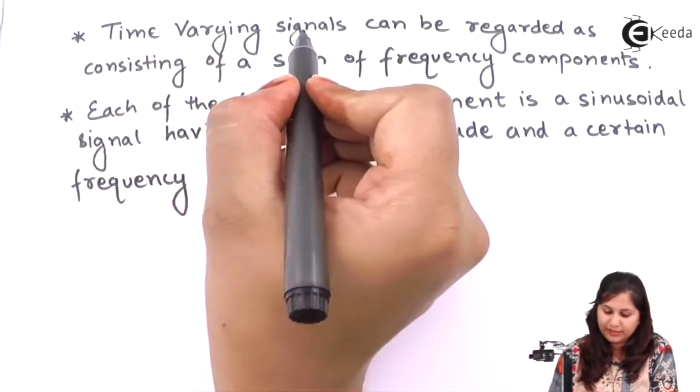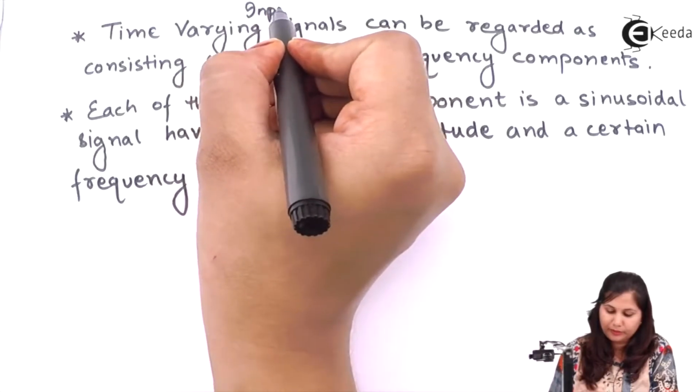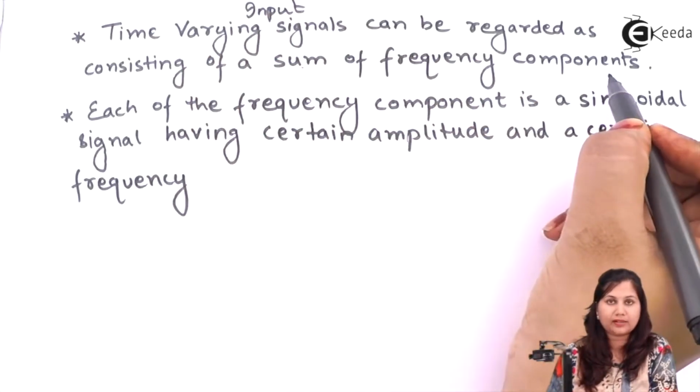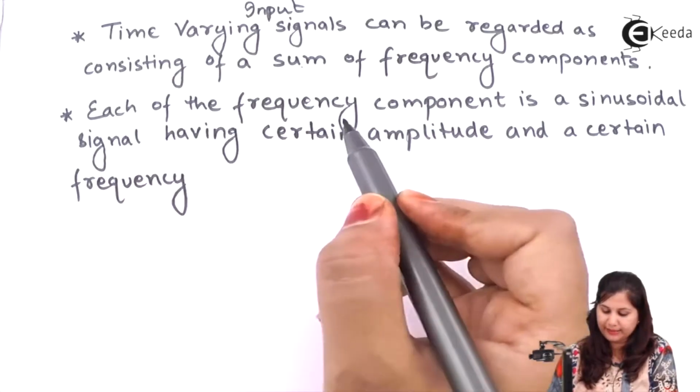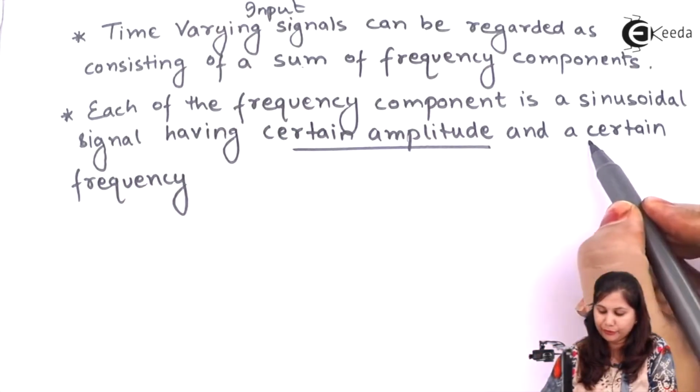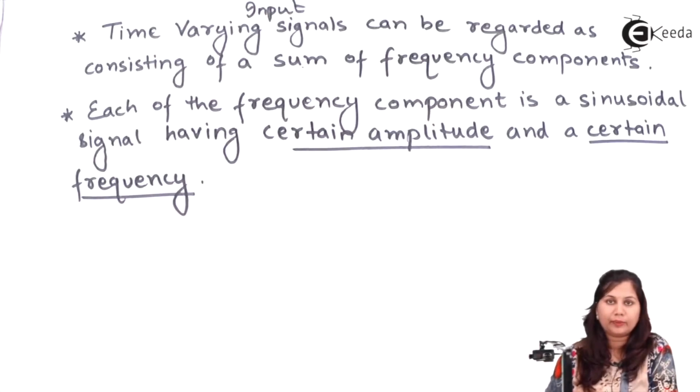So a time varying signal, that is our input, will be a sum of frequency components, and each frequency component is a sinusoidal signal having a certain amplitude and a certain frequency.